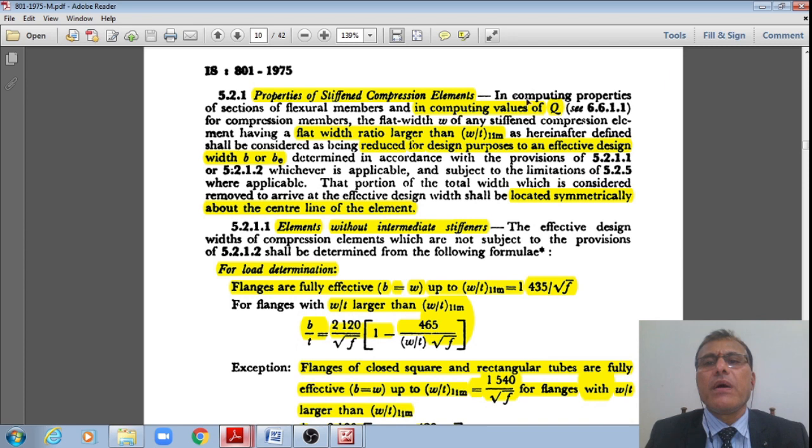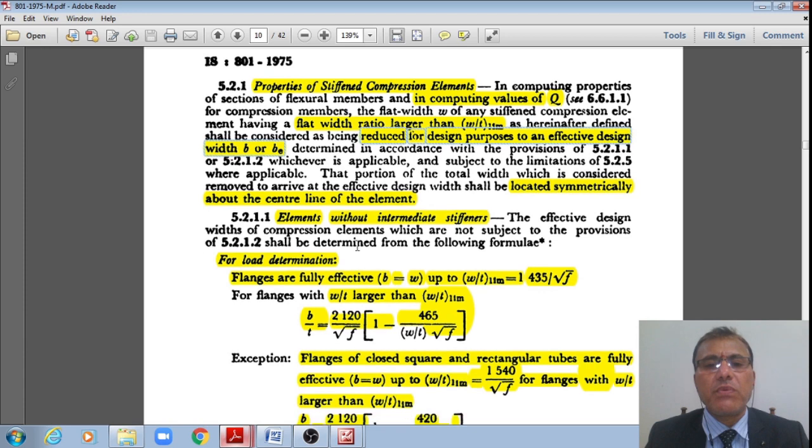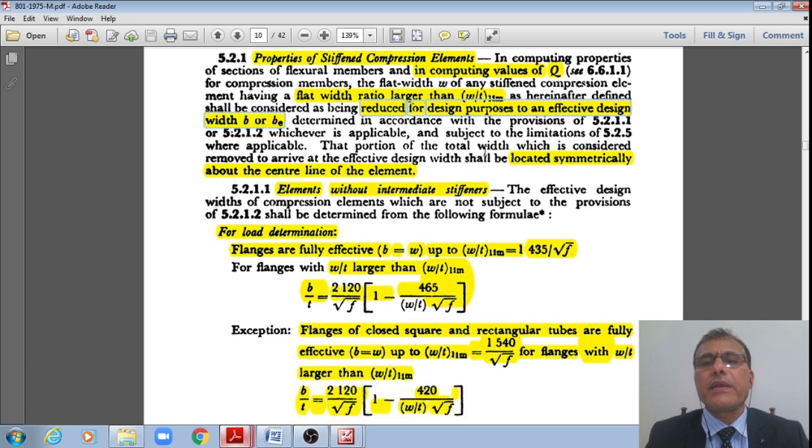In computing the properties of the sections of flexural members and in computing the values of Q, the load factor for compression members, the flat width ratio W by T of any stiffened compression element larger than W by T limit, as hereunder defined, shall be considered as being reduced for design purposes to an effective width b or be, which is determined in accordance with the provisions of 5.2.1.1 or 5.2.1.2. We'll see how it should be calculated.